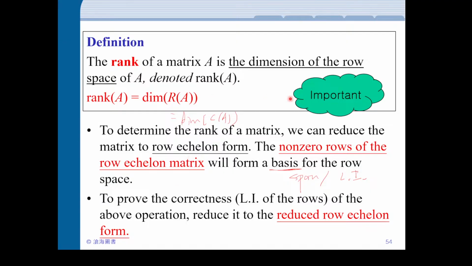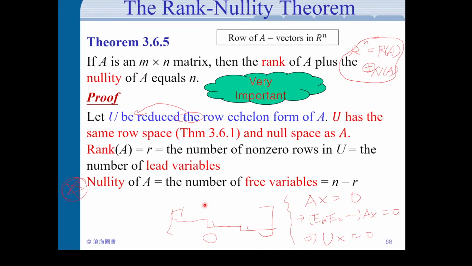So when we talk about dimension, we can calculate the rank of A by just looking at the number of non-zero rows in its REF. But there is something extra nice: U also has the same null space as A.